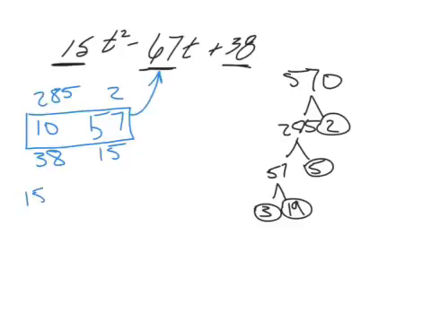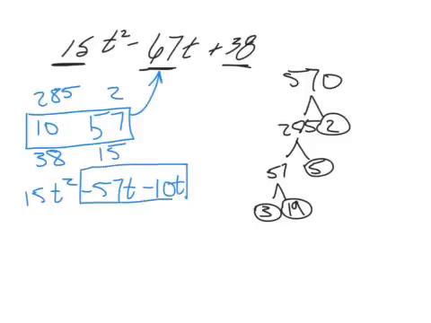So I'm going to rewrite this as 15t squared minus 57t minus 10t, because if I subtract them both, I get my negative 67, and that has to be the factors. Alright, so we have to find two numbers added or subtracted or taken the difference of or whatever that is going to give me this middle term, and in this case it's negative 57 and negative 10.